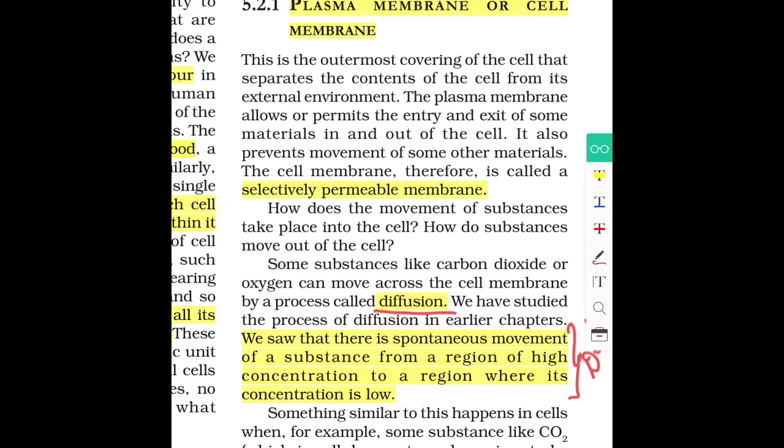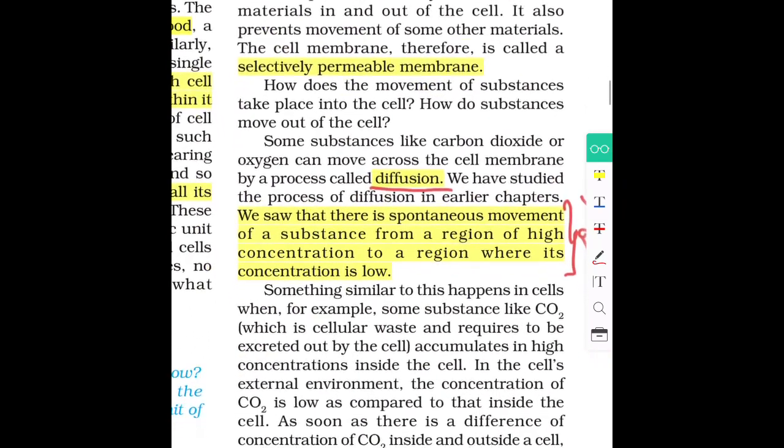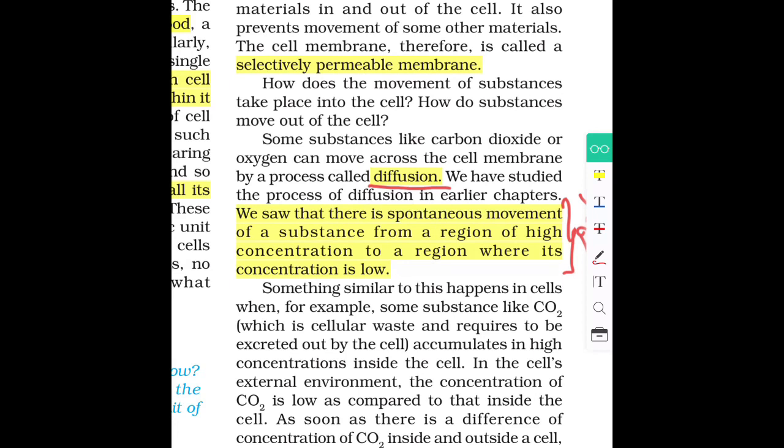Now, let us see what happens with carbon dioxide and oxygen. Something similar to this happens in the cell. For example, substances like carbon dioxide, which is a cellular waste and requires to be excreted out of the cell. Cellular waste is a substance which is not required by the cell and is produced during certain biochemical processes.